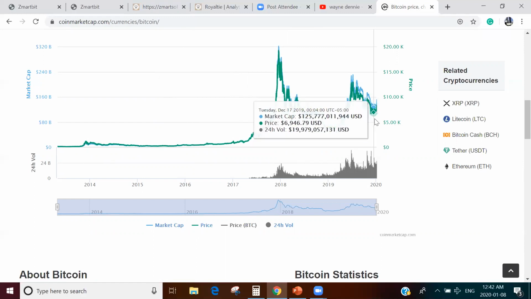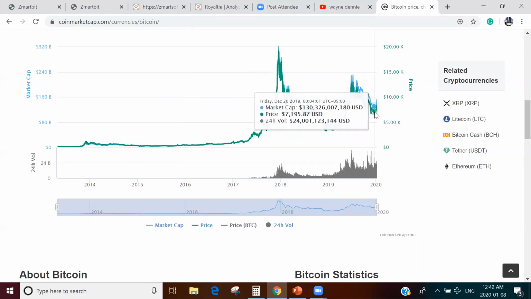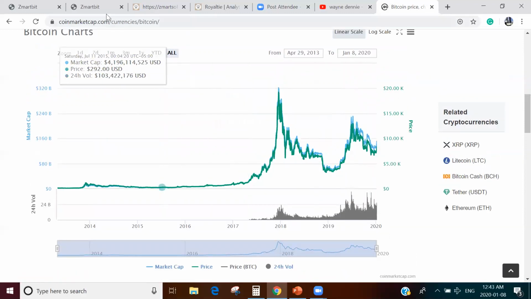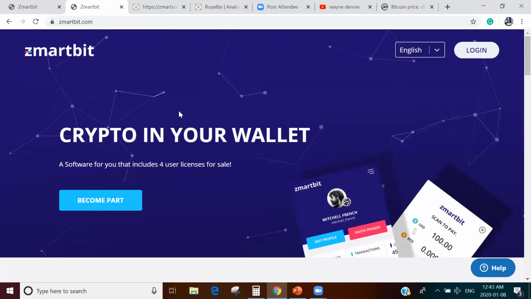It is my opinion and my belief, and many others', that over the next 12 to 24 months this price is going to continue to increase, perhaps even much further than where it's been before, especially taking into consideration that in April of 2020 the Bitcoin halving is going to occur. So there is quite a lot of interest and anticipation around these upcoming events.